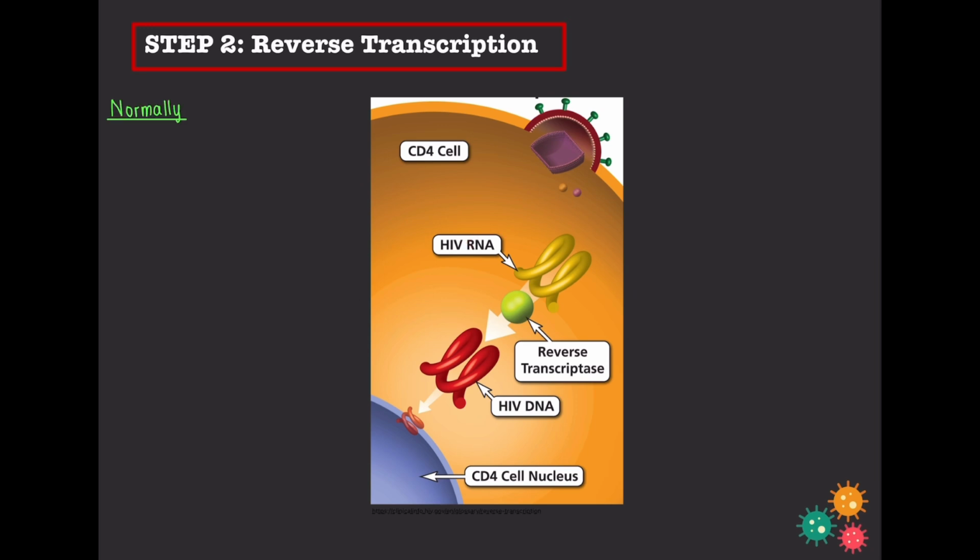Normally, in nature, genetic information flows from DNA to RNA and then to proteins. But retroviruses like HIV flip the script and go in reverse. Instead of going from DNA to RNA, they start with RNA and convert it back into DNA. That's where the name retrovirus comes from.